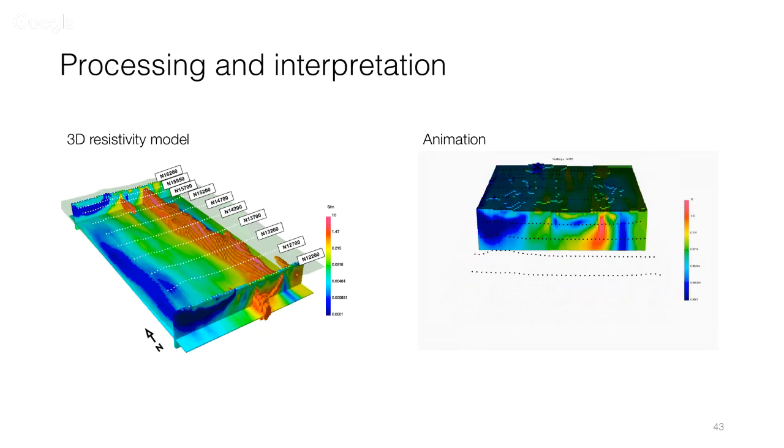So we're going to slice it in and out, top and bottom, and then we're also going to rotate it around and change the isosurface. At this particular point, we slice through. The red is indicating conductive material. Blue is resistive. So we get some things that are really conductive, some things that are really resistive.